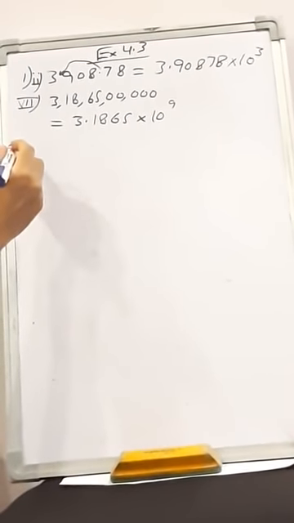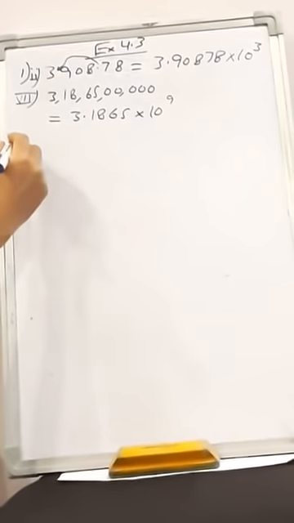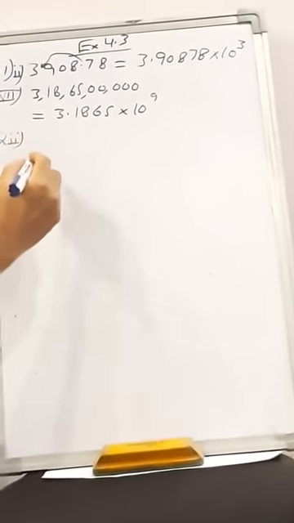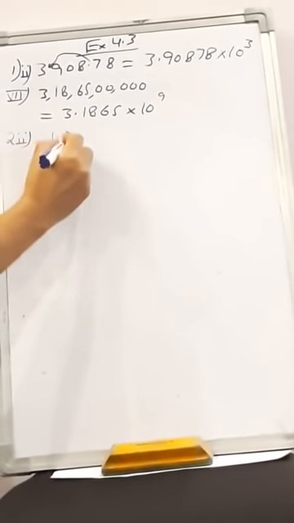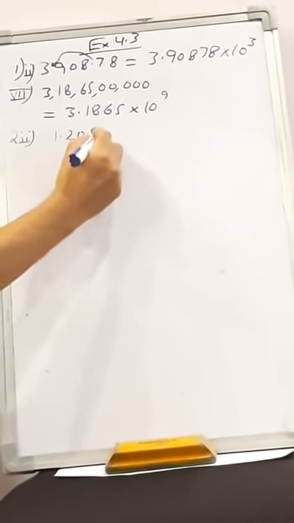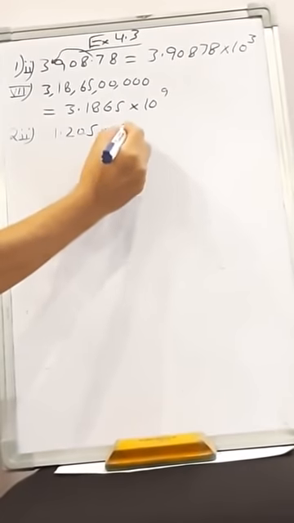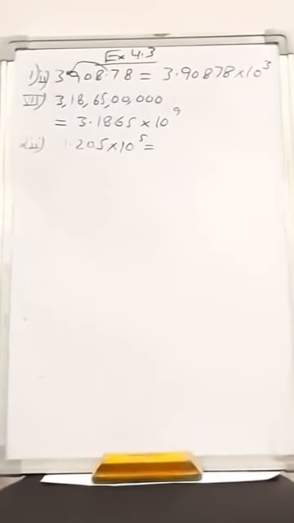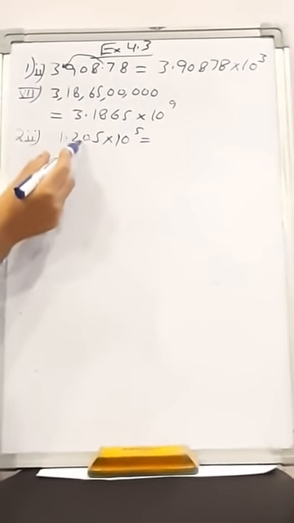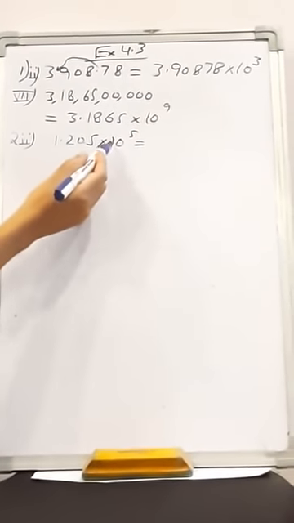Now look at question number 2, second part. Here in this question you have to write the given number in decimal form. Though it is already in decimal form, it is also in a standard form.